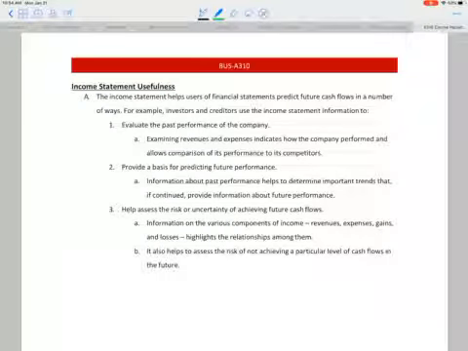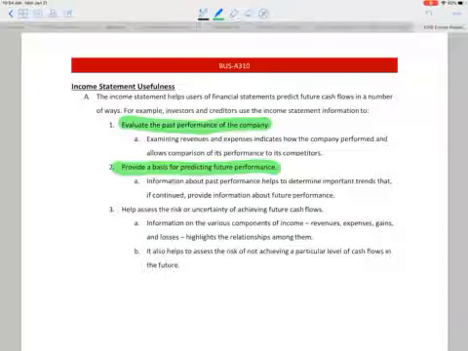The income statement has a lot of usefulness, of course. It's kind of understood that it can help us to show the profitability of the company, right? It's also helpful to evaluate past performance of the company. So we can look at what the profit was from previous accounting periods, and then that actually helps us to predict future performance.